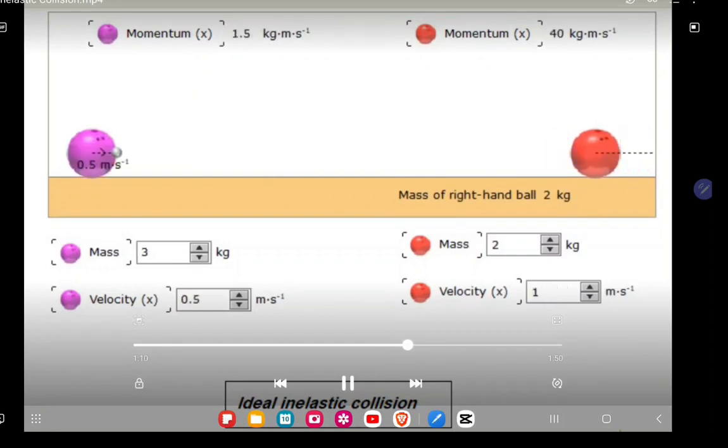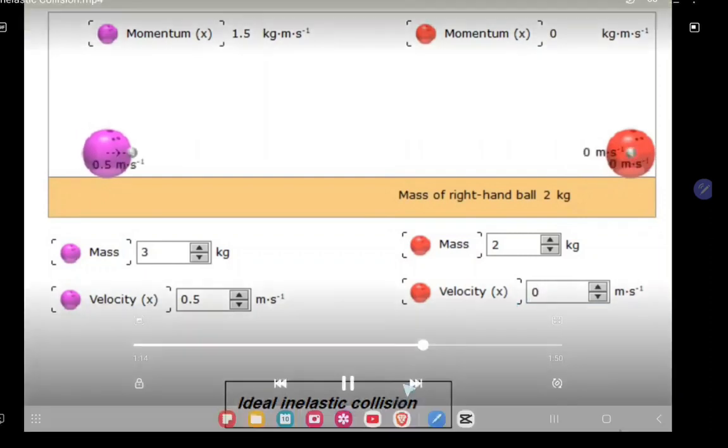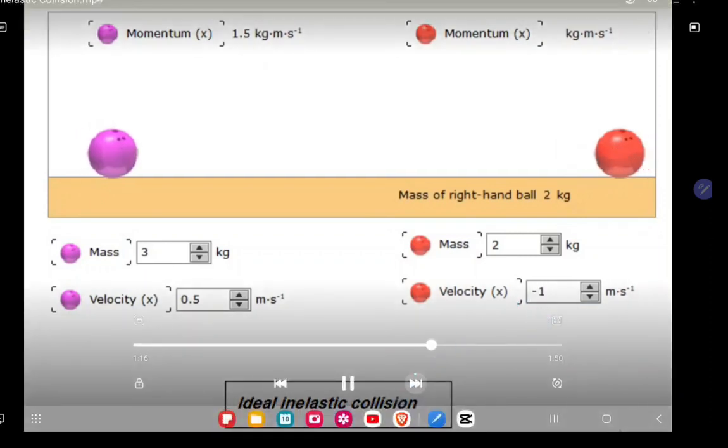Now, on the other hand, if we modify the velocity to minus 1 and the mass to 2, while the mass of this one is 3 and its velocity is 0.5. Look, the momentum of this one is minus 2 and the momentum of this one is 1.5.